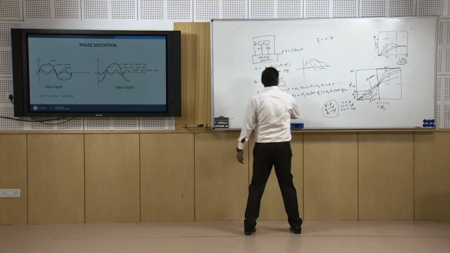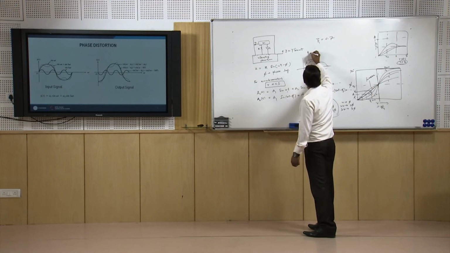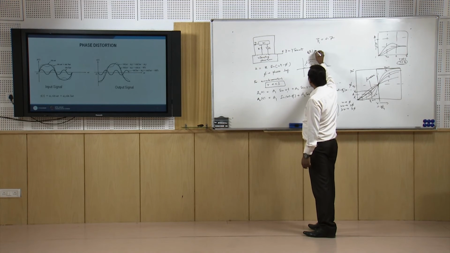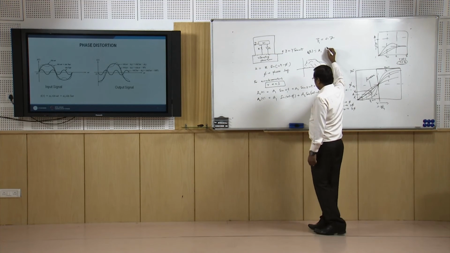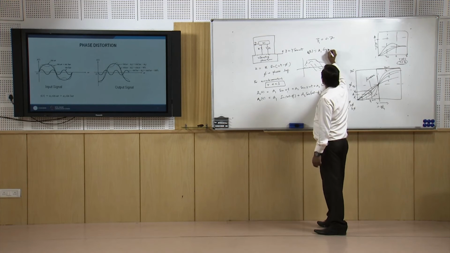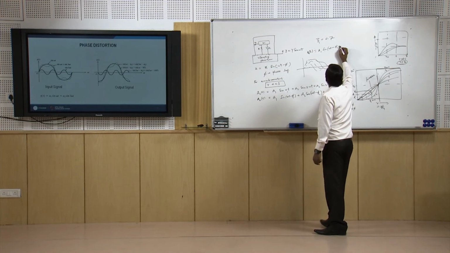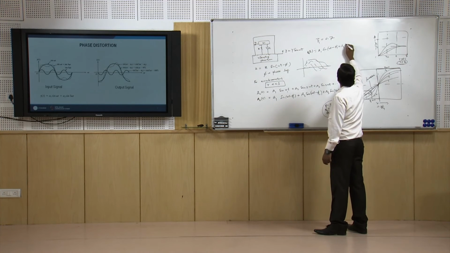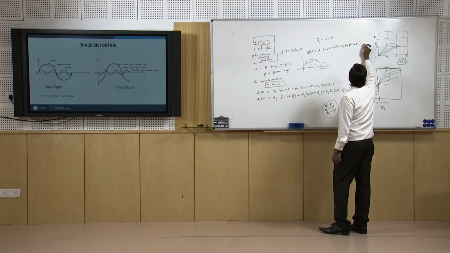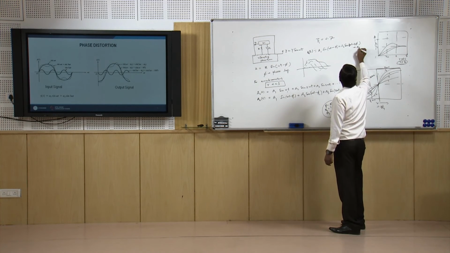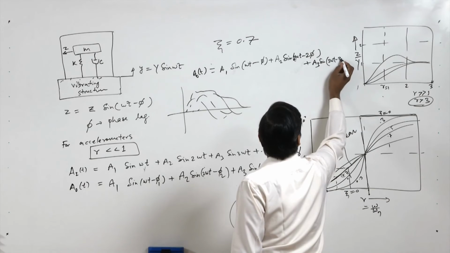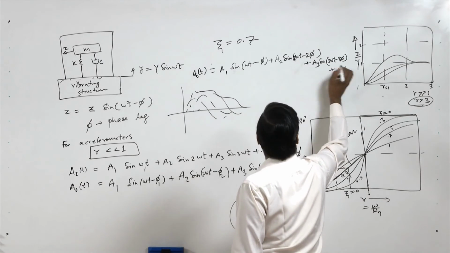So we can write the output equation A0(t) equal to A1 sine (omega t minus phi) plus A2 sine (2 omega t minus 2 phi) plus A3 sine (3 omega t minus 3 phi) plus so on.